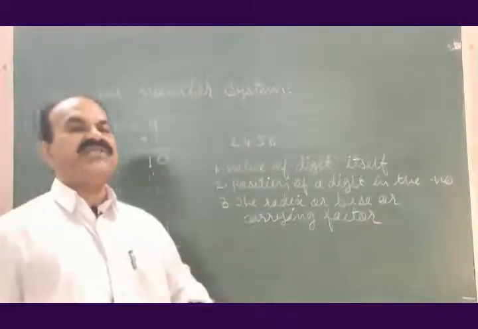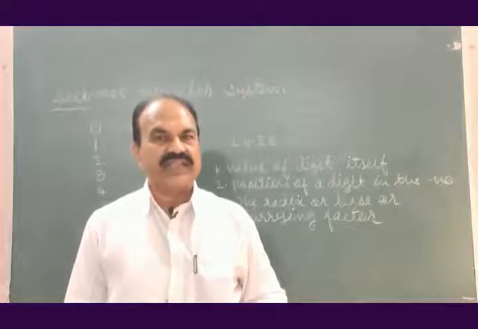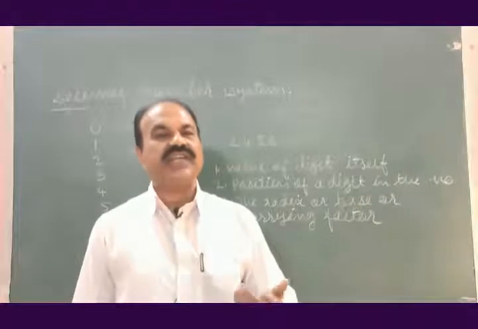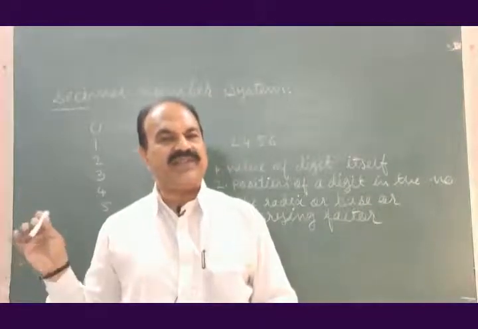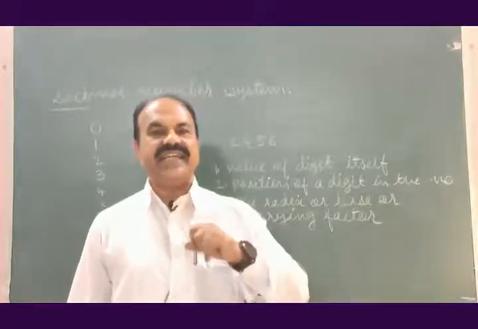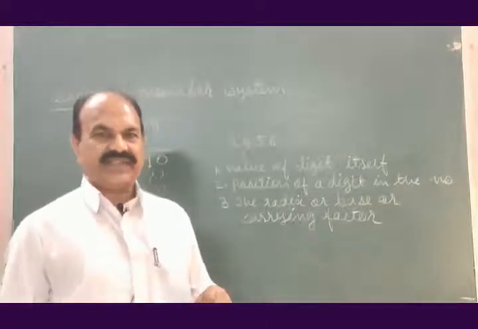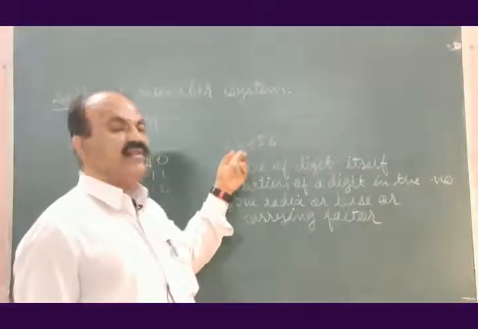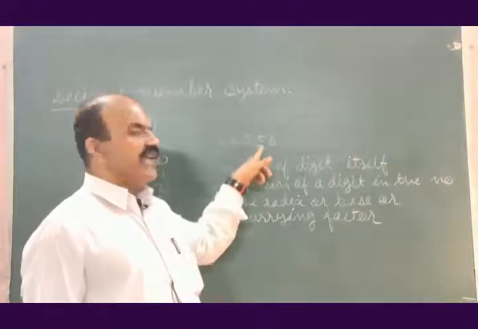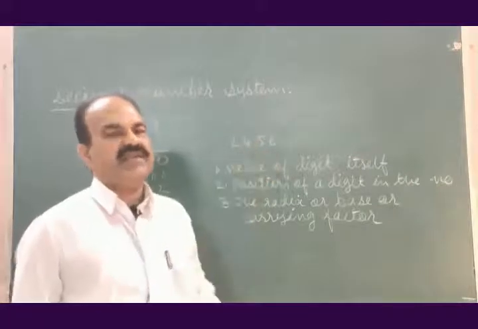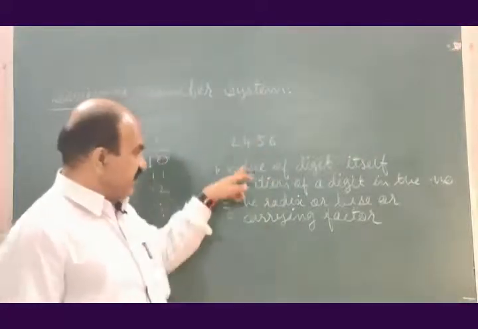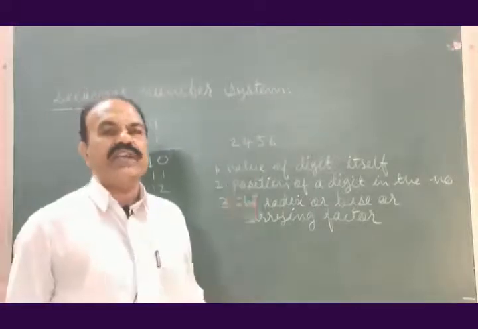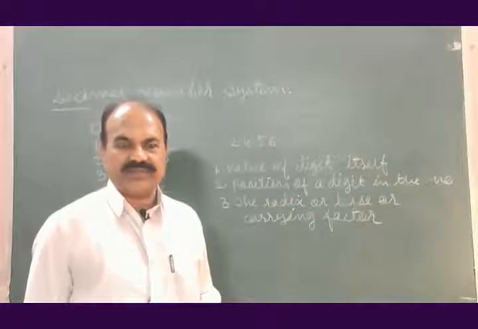As the decimal number system has 10 symbols, the base or radix or carrying factor of the decimal number system is 10. So this is the way of finding or recognizing the value of any number written in the decimal number system, and these are the three criteria to decide the value of any number in the decimal number system.